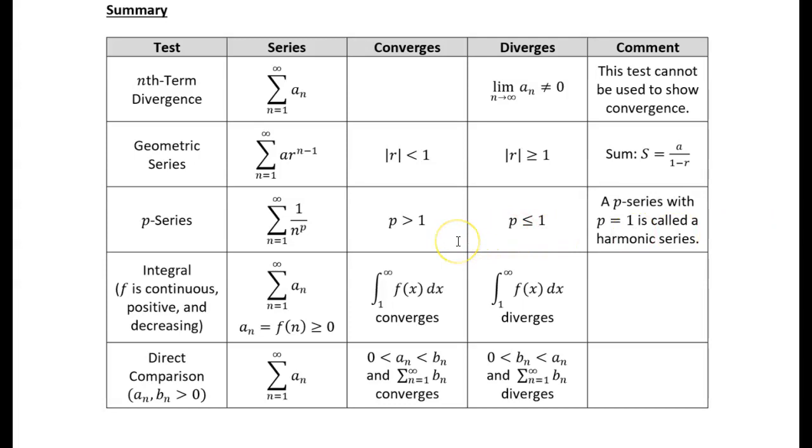You can refer back to this table to find all the different methods that we have at our disposal currently for testing whether a series converges or diverges. And in the next lecture, I'm going to add a couple more, so I'll update this table. But this is sufficient to do the discussion questions for today.